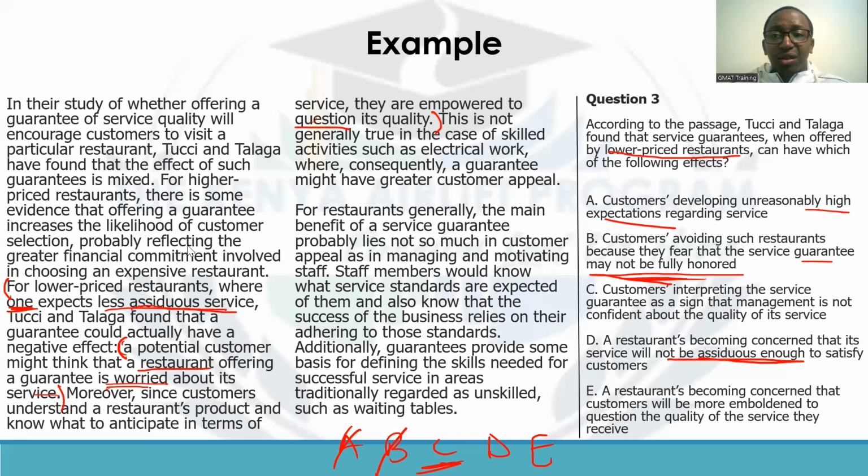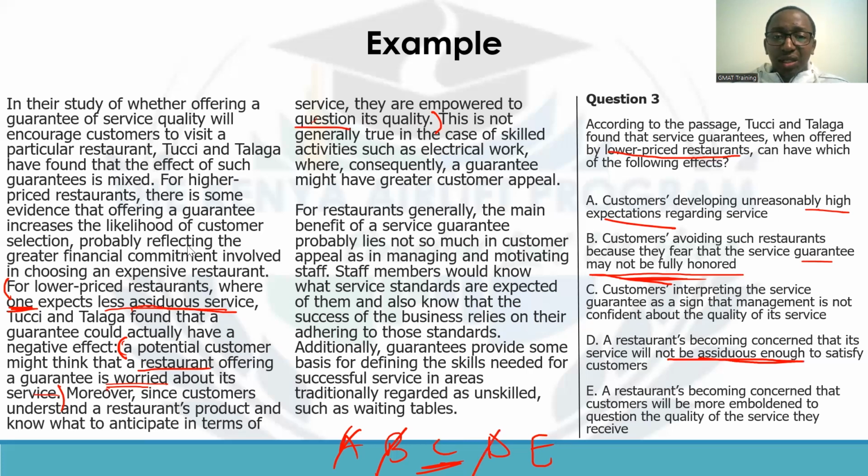So this doesn't really make sense, because the customers know what they're getting, a less assiduous service. So the restaurants, as a result of guarantees, do not become concerned that its service will not be assiduous enough. For that reason, we can eliminate D.